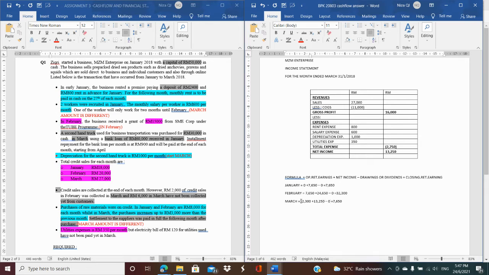So it will be 32,300 plus 13,250, which is 45,550. So that should be the amount of the retained earnings.